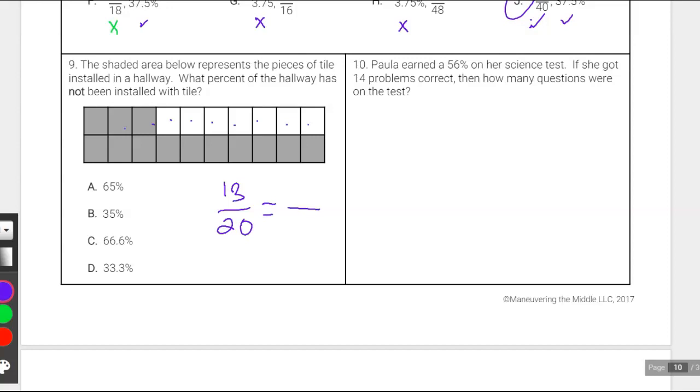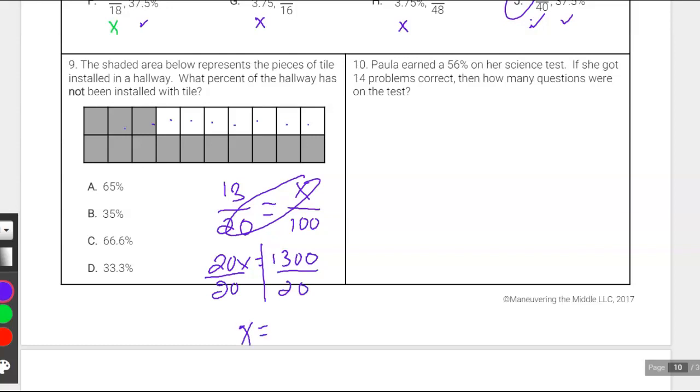I'm going to set up a proportion. This is going to be my percent, and this is out of 100. 13 is the part that's shaded, 20 is the whole. I'm going to erase my percent sign, and I'm going to put an x there, and now I'm going to cross multiply. 20x equals 1300, and I'm going to draw my line and divide by 20.